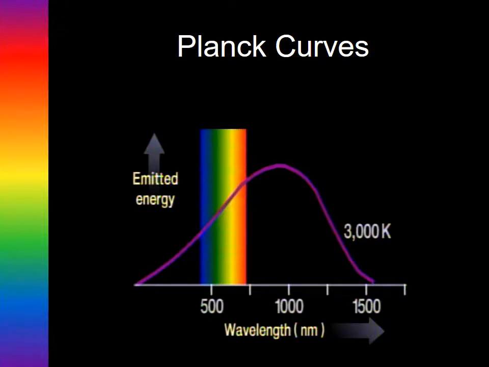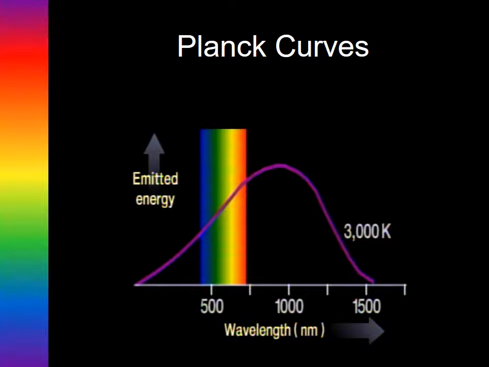So, how do you tell how hot an object is by looking at the light that it's giving off? Well, we go back to what Planck was studying, looking at the colors that come out of something that's very hot, like a hot solid, or something that emits at all wavelengths, like a star.